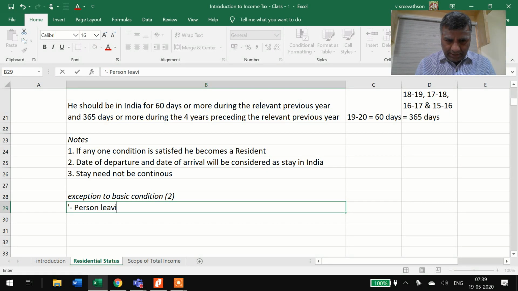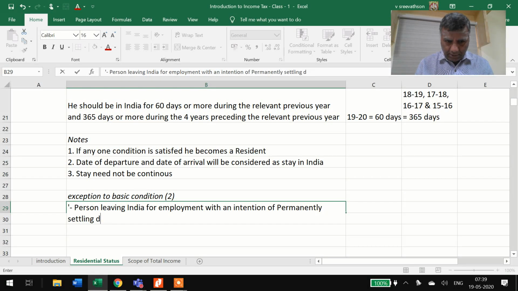Person leaving India for employment with an intention of permanently settling down outside India.